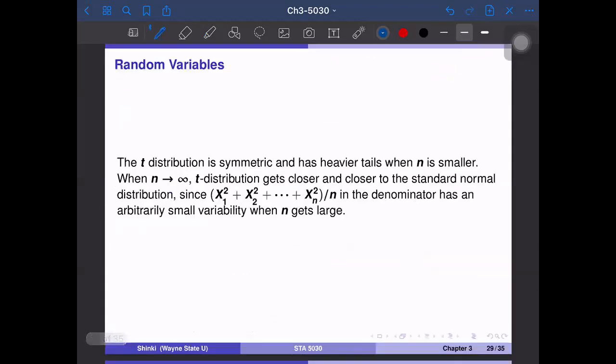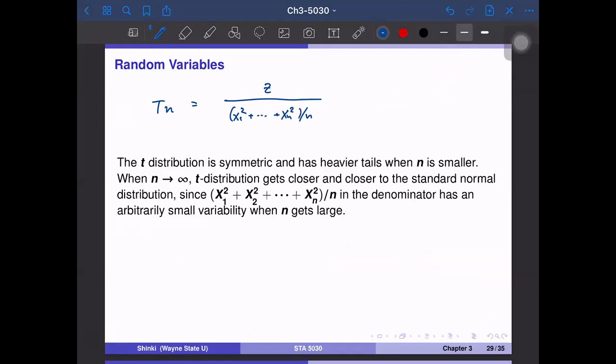And here, if n goes to infinity, Tn goes to normal 0, 1, because we have z over the square root of x1 squared up to xn squared, divided by n.